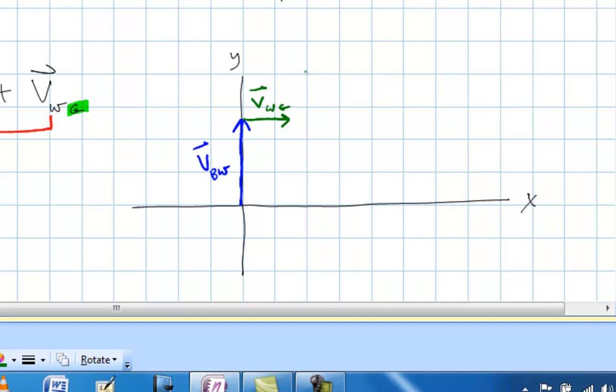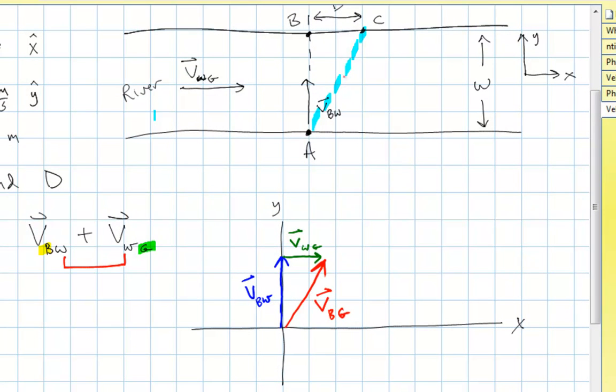It's a little less than half. The resultant, I'll draw it in red, is the actual path of the boat with respect to the ground. That's the path of the boat as viewed by somebody standing on the shore. And does that match the blue dashed line we drew earlier? Yes. So we always want to go back and think about it, make sure it makes sense, make sure you added those vectors properly.